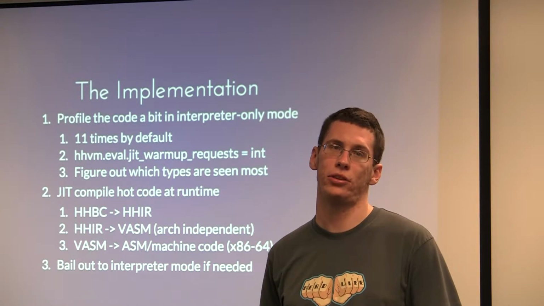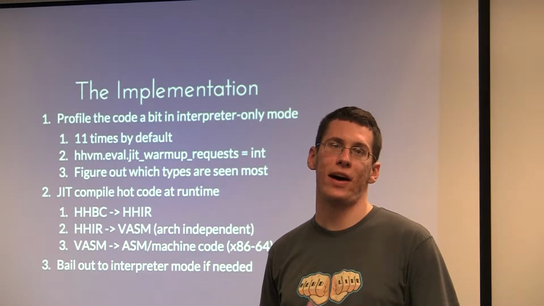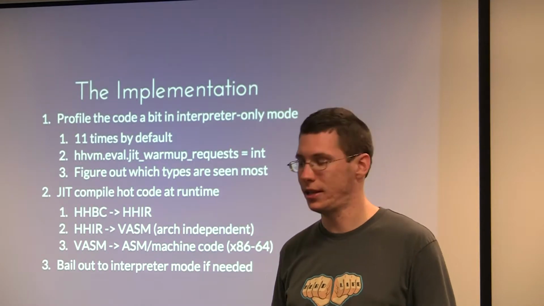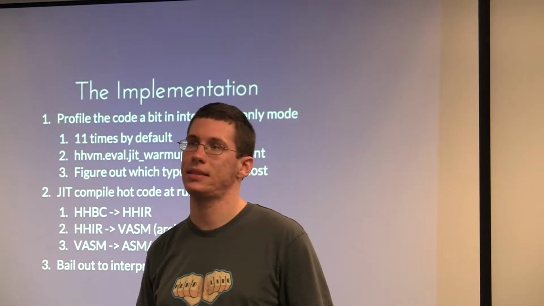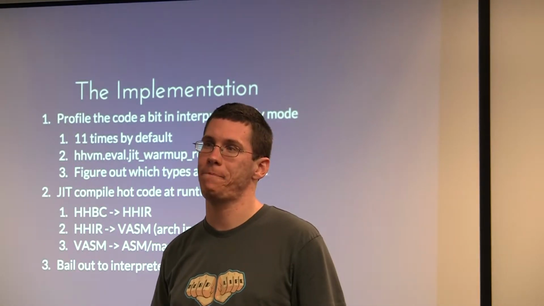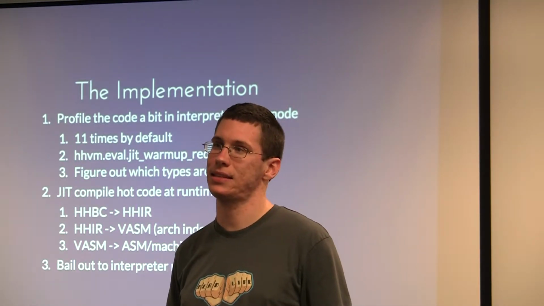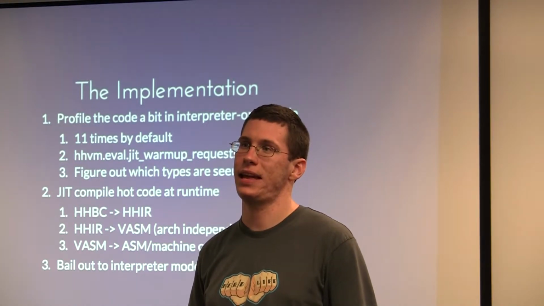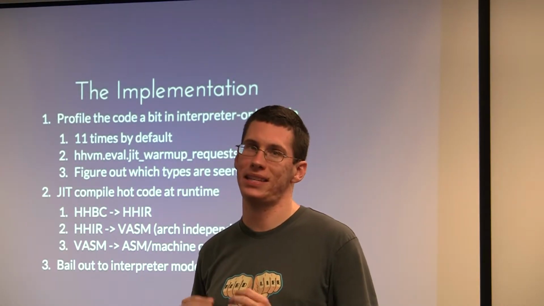I'm going to bail out into interpreter mode, and compile an optimized function later if I need to. So all this happens behind the scenes in a rather advanced process. You can actually look at the C++ source code for this thing and figure out exactly what makes it tick.